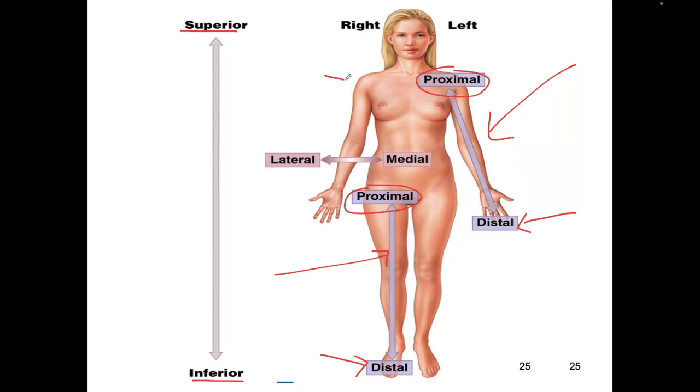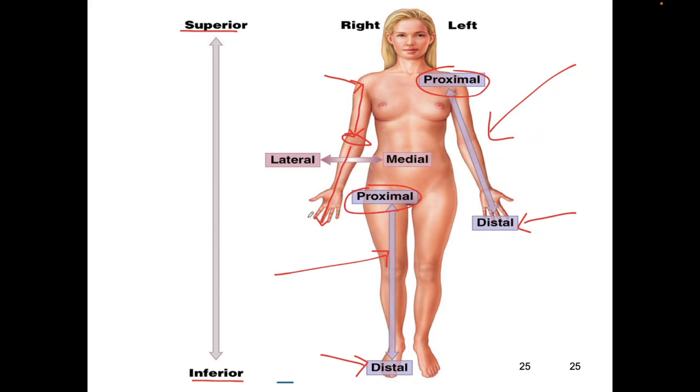So here is the head of the humerus, which is proximal. And if I move to the end or the distal part of the humerus, I get to the cubital fossa. If I move furtherly distal, now I'm at the phalanges. So the phalanges are distal to the shoulder.